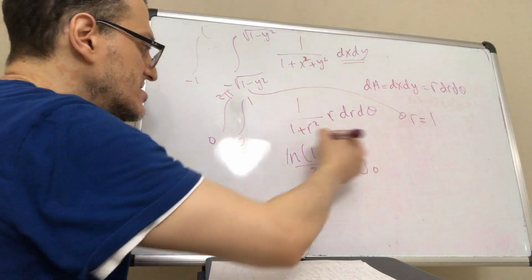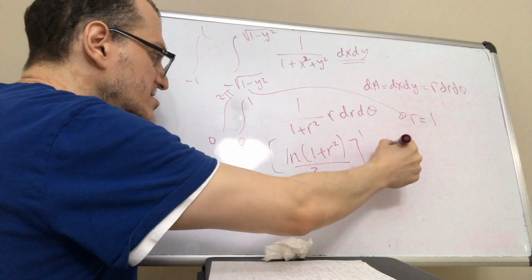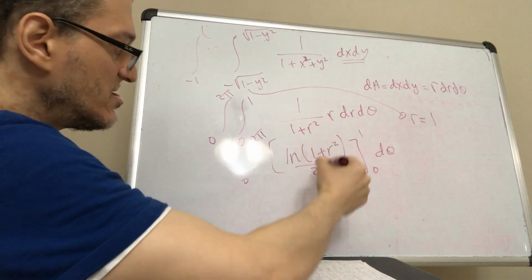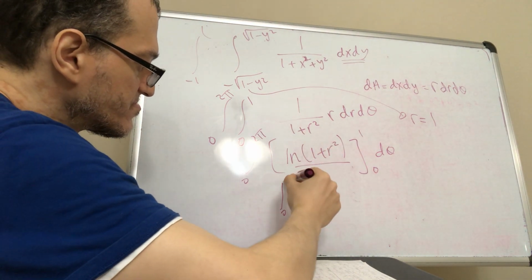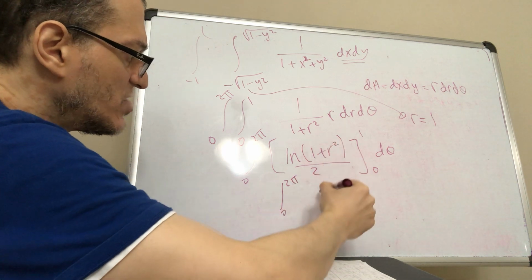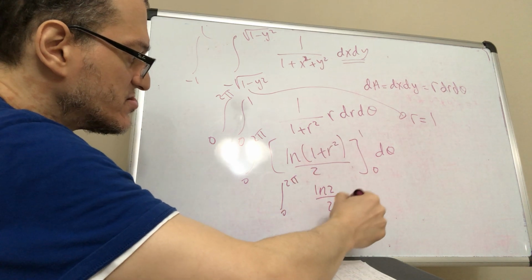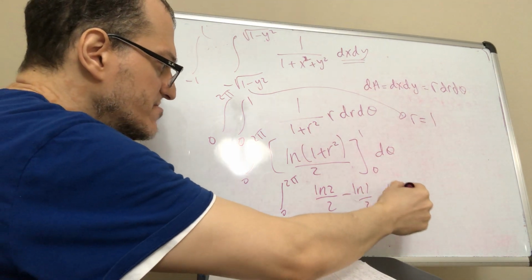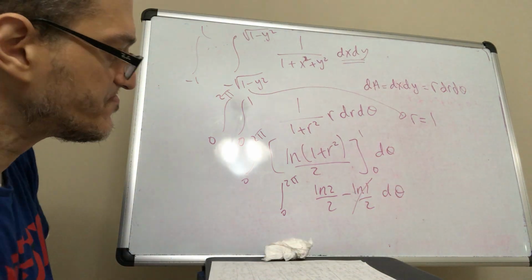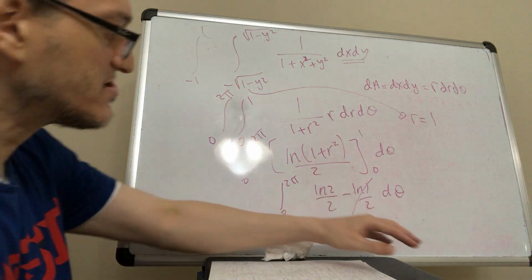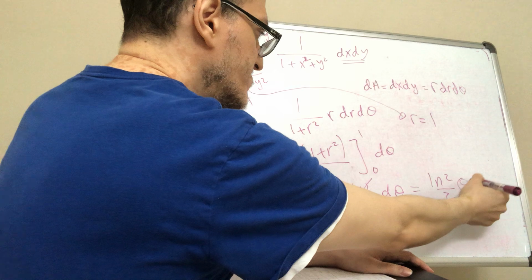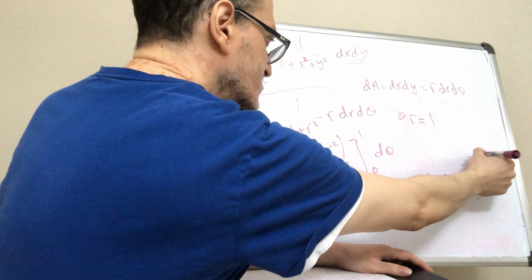You plug 0, 1, and you put a d theta 0 to 2 pi. You put 1, that's ln 2 over 2. You put 0, that's ln 1 over 2. D theta, that's 0. A constant would be the constant theta, and 2 pi and 0.